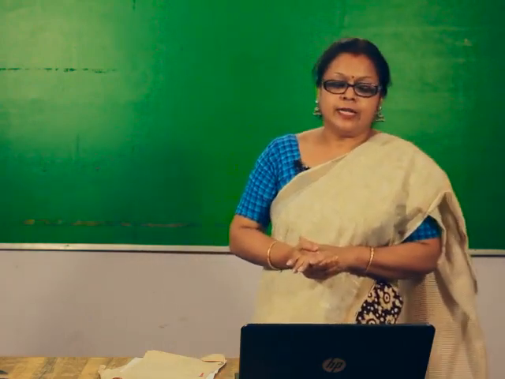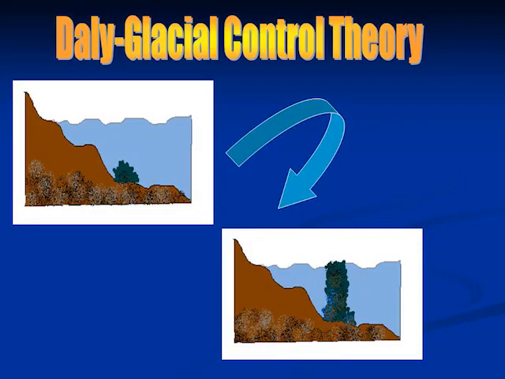Now, according to this theory, in the last part of the glacial period, the formation of the ice caps lowering the level of the sea water will always facilitate the formation of the coral reefs. Here we can see not only the depositions will be going on, the green mass will be going on, and also the sea water level is coming down.